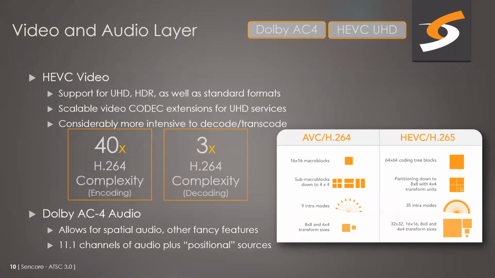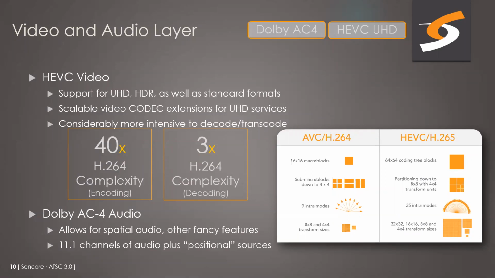You can probably double those numbers comparing it to ATSC 1.0 and MPEG-2. So definitely a major improvement there in terms of efficiency, but complexity comes with that as well.